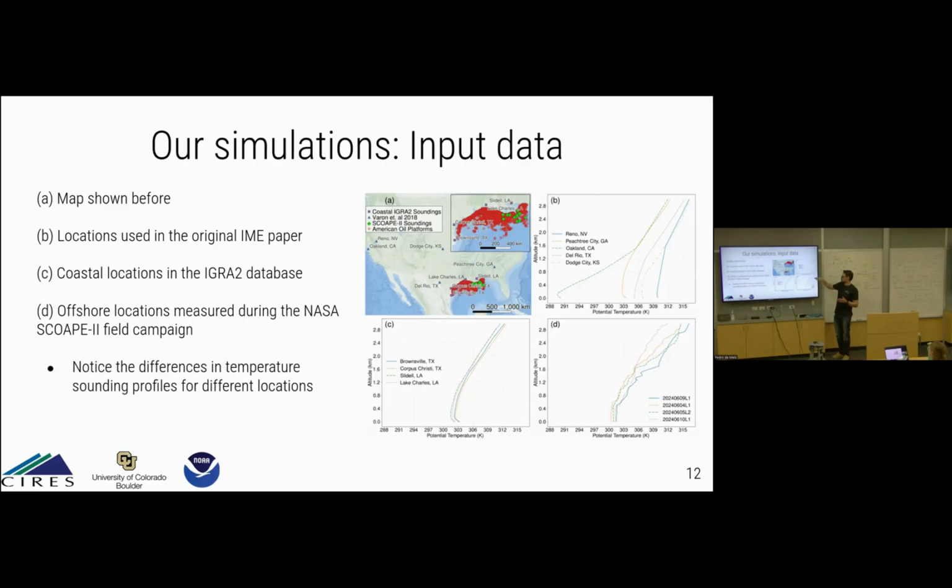And then you're going to have a really strong inversion. So the temperature will shoot up sharply past the boundary layer, which is not the case for plumes over land. But does it matter? This is what we're going to find out.